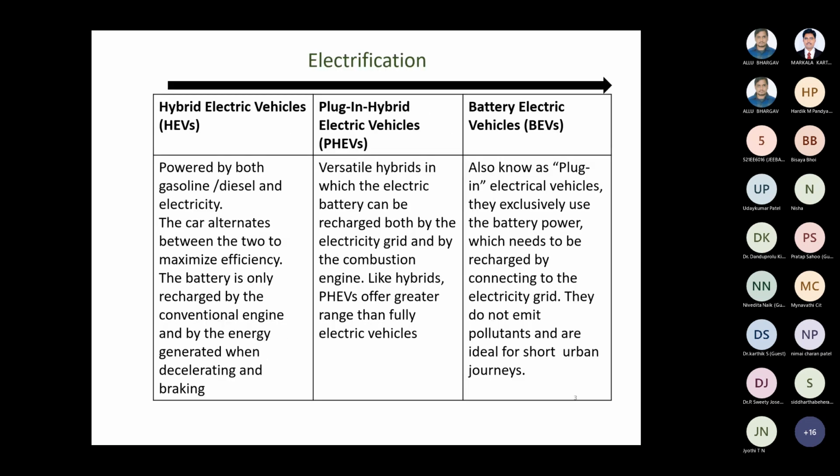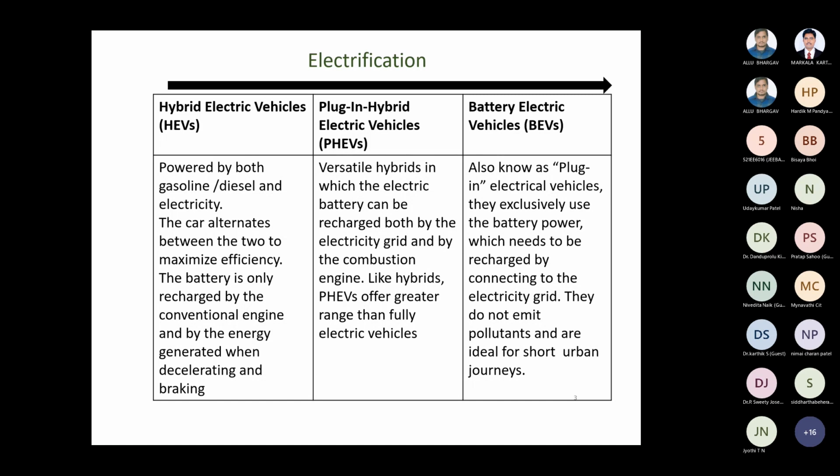Now let's see the different types of electric vehicles. There are 3 types: hybrid electric vehicle, plug-in hybrid electric vehicle, and battery electric vehicle. Now, what do you mean by hybrid electric vehicle? Generally, a hybrid electric vehicle can be powered by both gasoline, diesel or petrol, and a battery system.